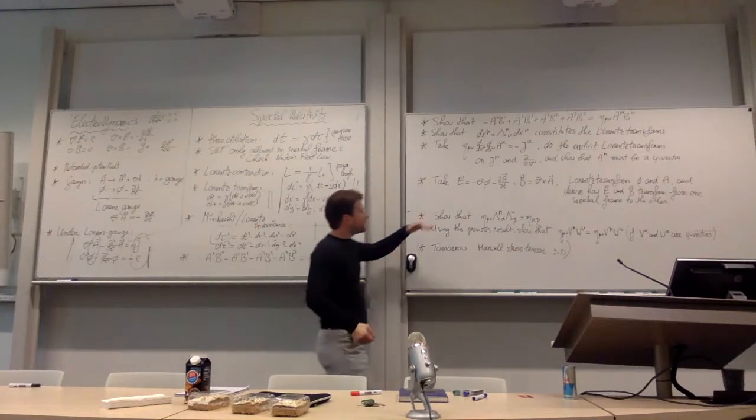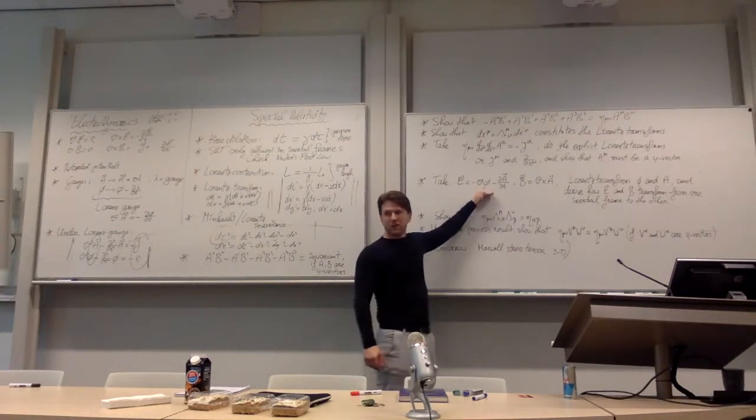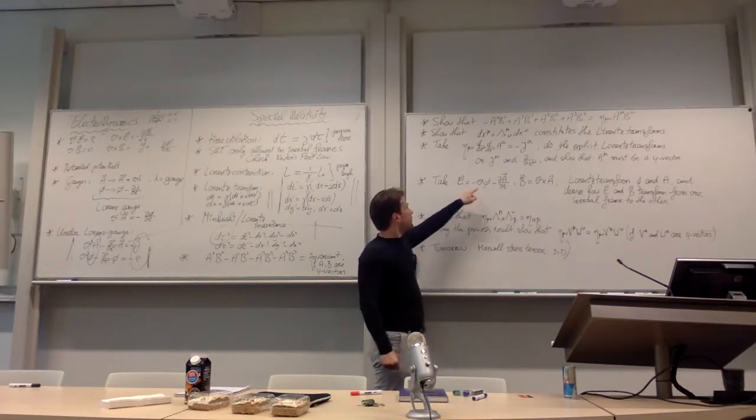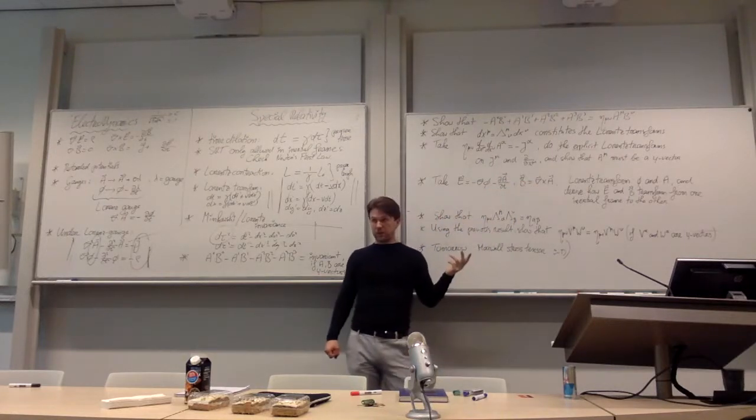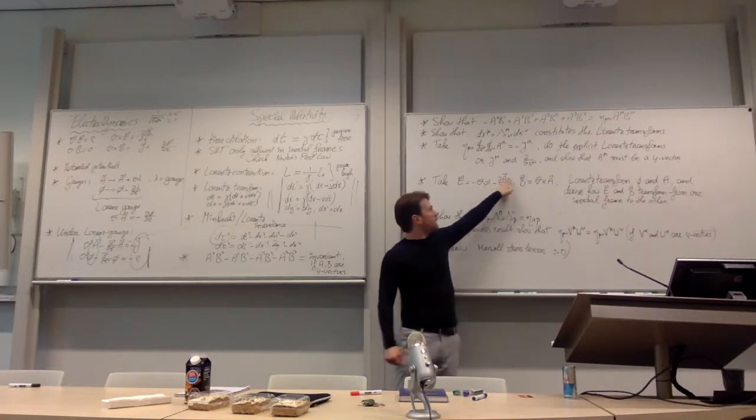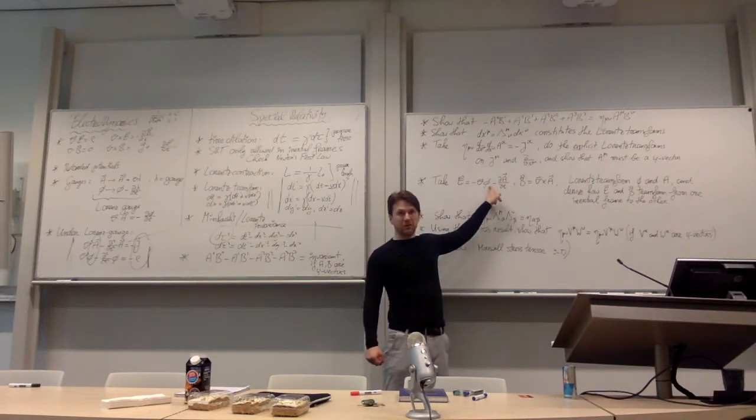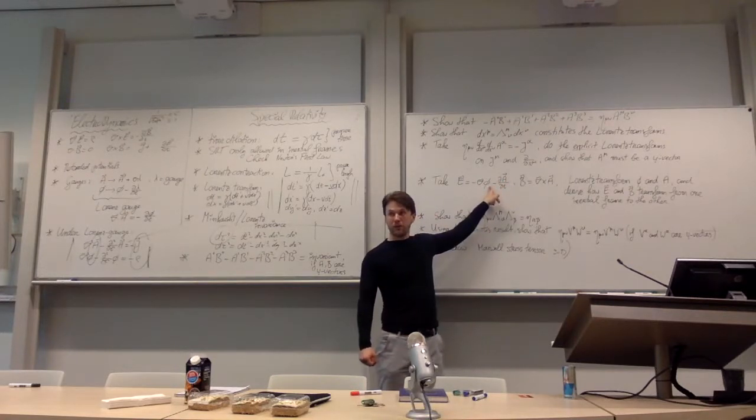Now, here's the exercise where the geometric interpretation is of Lorentz transforming your vector potential and scalar potential. Because if you have your scalar potential and your vector potential, you can calculate your E field and your B field. Now we know how this one transforms and how this one transforms. We've proven that they do it under Lorentz transforms.